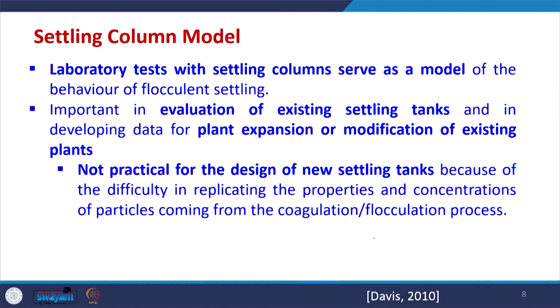We take the water and perform laboratory tests with settling columns serving as models for understanding the flocculent settling zone. The method we are going to use is called the settling column model. A very similar method is used for the hindered settling zone also, but here we are discussing flocculent settling.